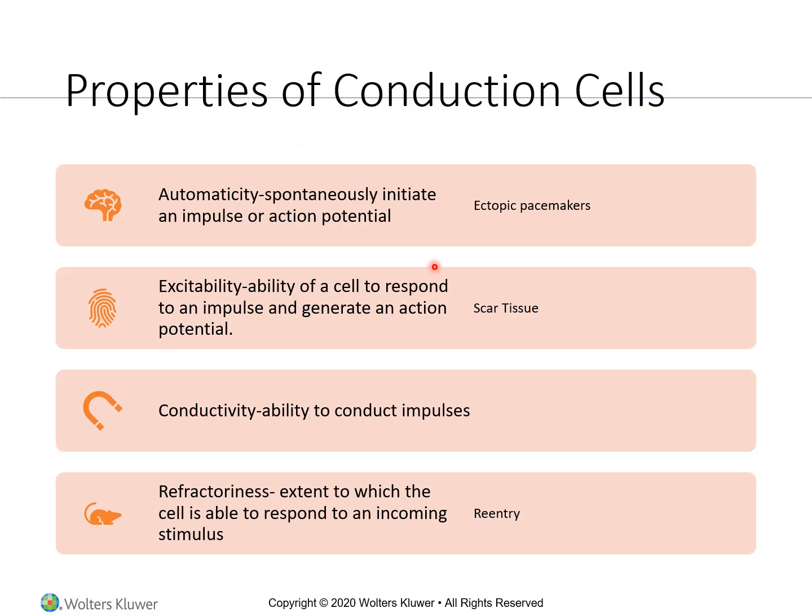But this automaticity also is what causes a lot of our arrhythmias, because we can get these ectopic pacemakers or these abnormal firing of electricity when a different cell within the heart decides that it's going to fire. It can take over and start an arrhythmia independent of the normal SA node pacemaker.